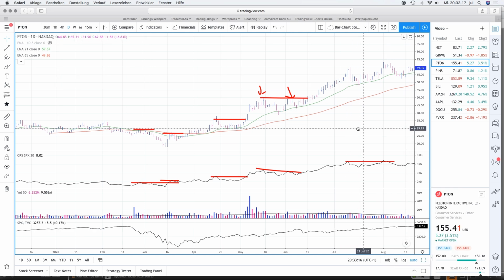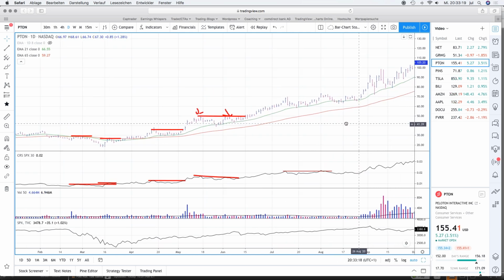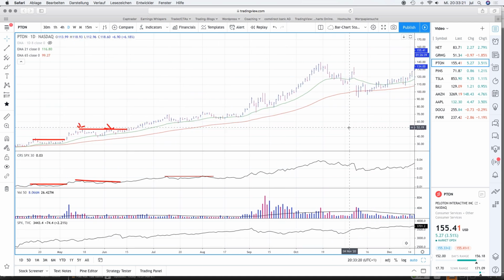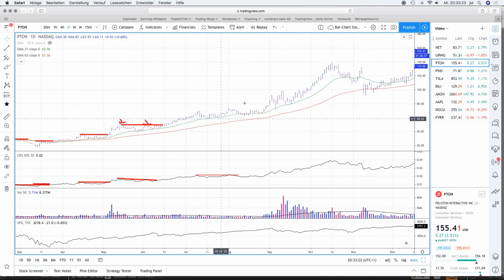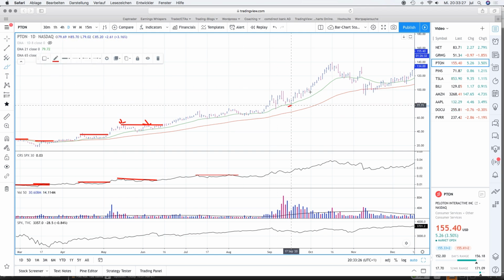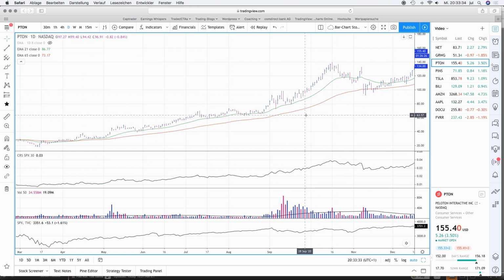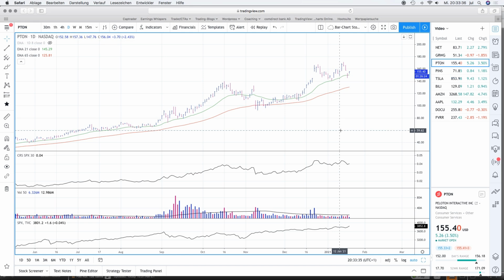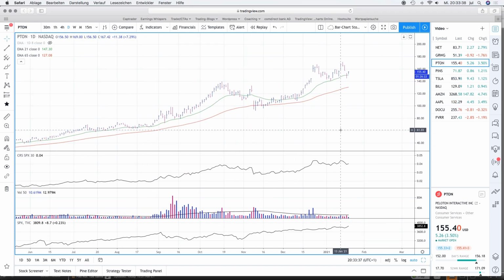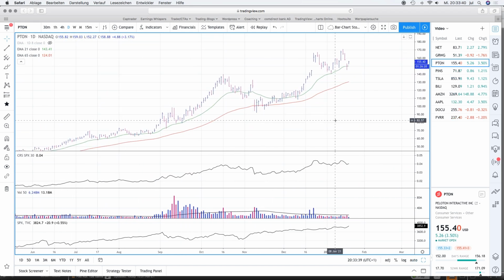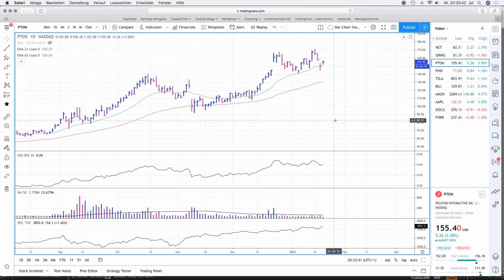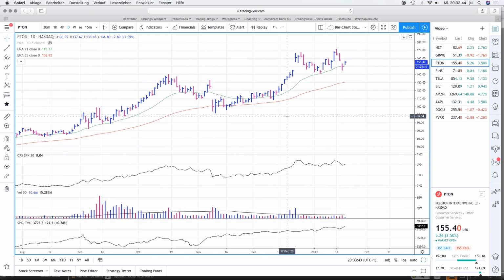So that gives me the sign that everything is okay, and then the stock consolidated a little bit, and then you can see this very nice exhaustion run here, which is also confirmed by the RS line. And now the stock changed its character, and this is something you always want to put some attention to.